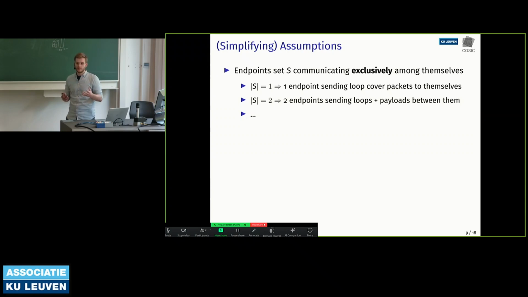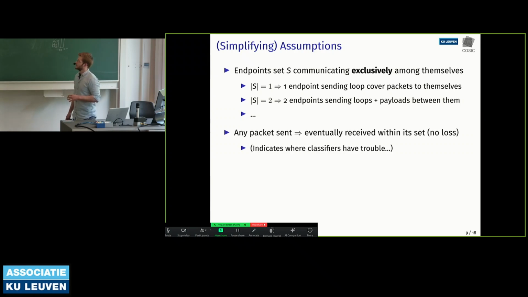And in this case, you could ask, is this endpoint only sending packets to itself? If the size of the set is 2, then you're asking, are these 2 endpoints sending loop cover traffic to themselves and also exchanging payload packets? And then you can scale this set. You can ask this for 3, for 4, and so on. But you have to build it this way.